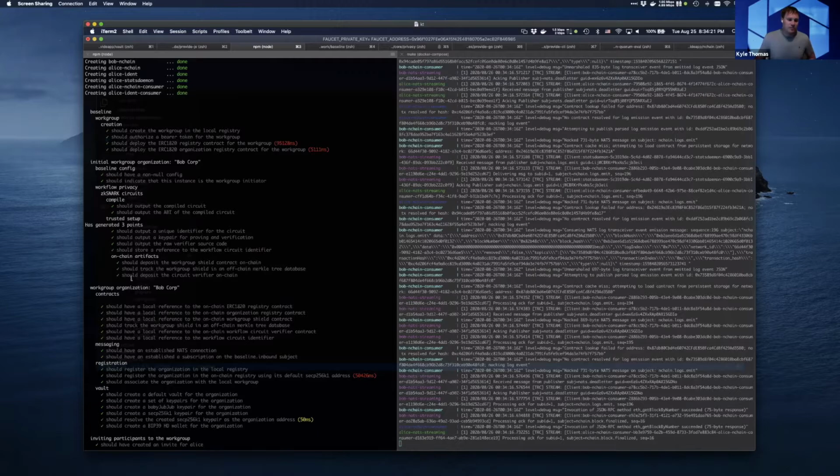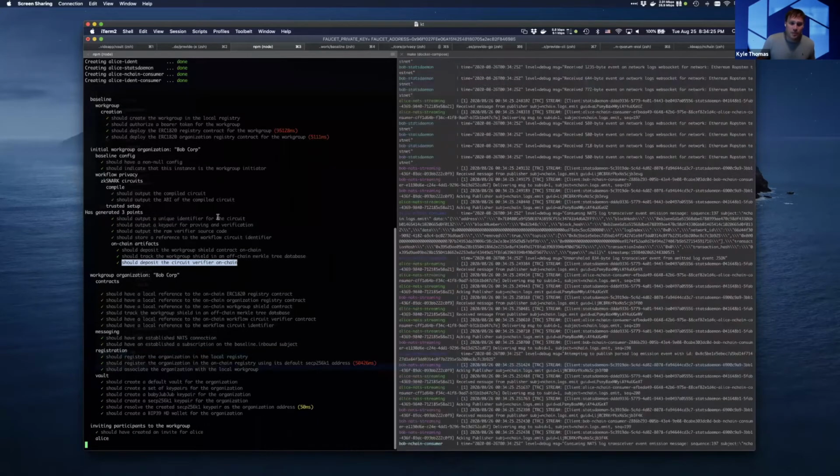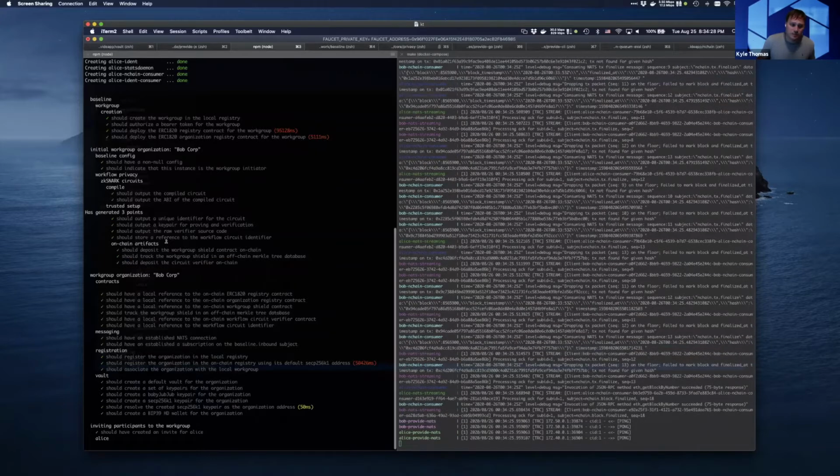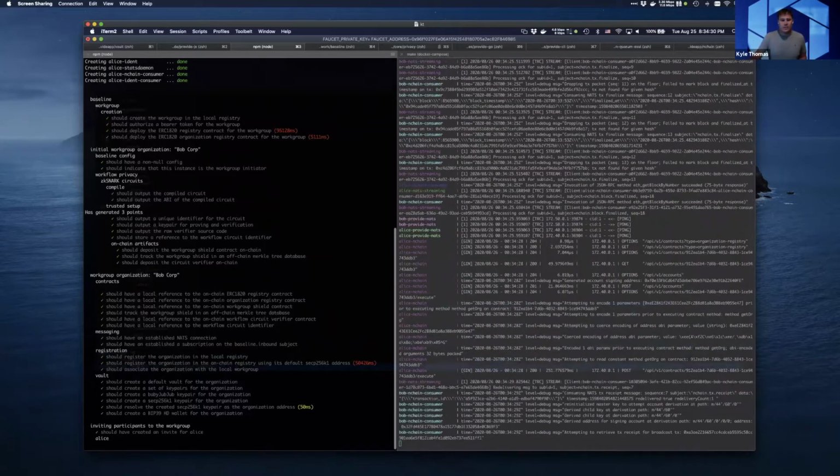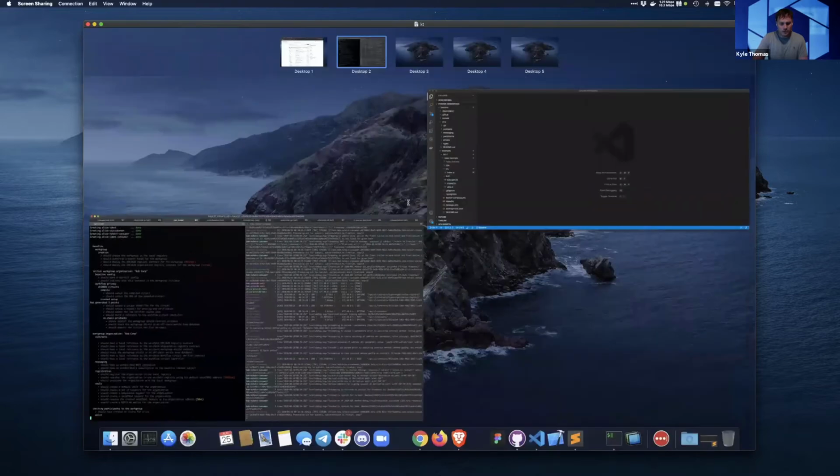The verifier contract that was generated during the trusted setup step is also deployed to the blockchain. In this case, we're talking about Ropsten. We can take a look at Ropsten.